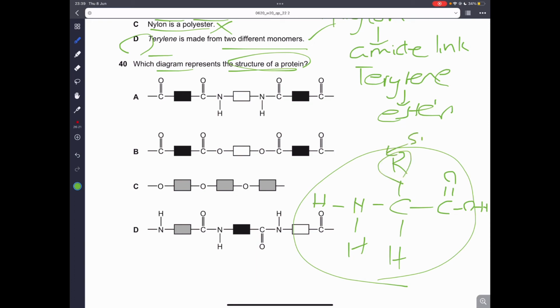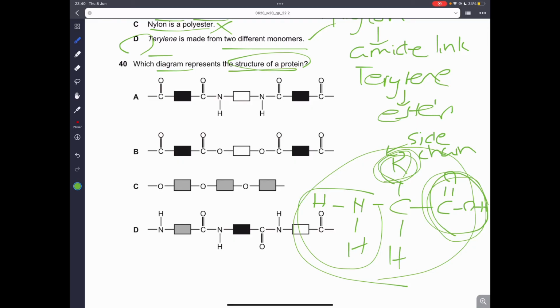This R represents a side chain, because remember, protein is made up of different amino acids. So different amino acids have different side chains. So yeah, we have to find the monomer that looks like this. On one side it has an amine group, on the other side it has a carboxylic acid group. Yeah, so we have to find that, and we have to find the amide linkage.